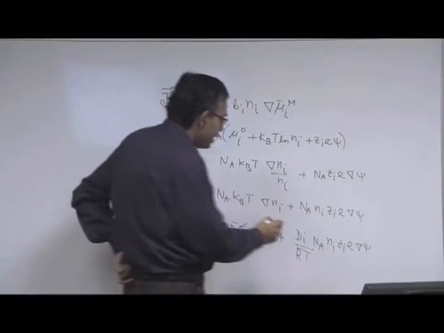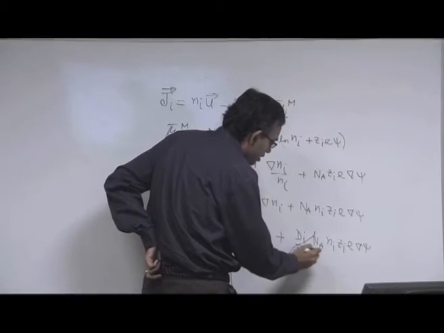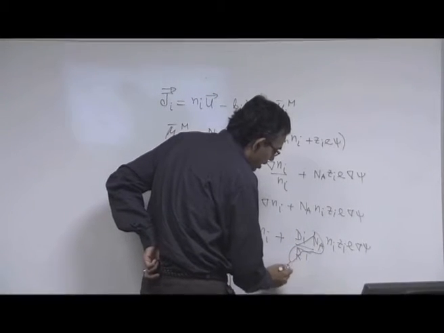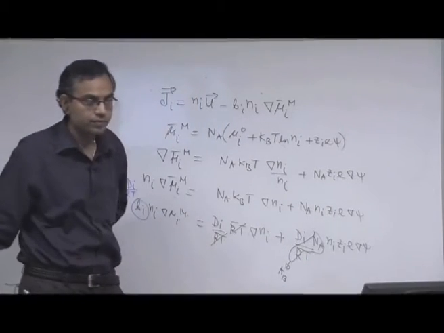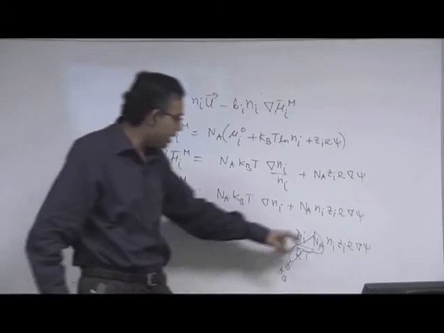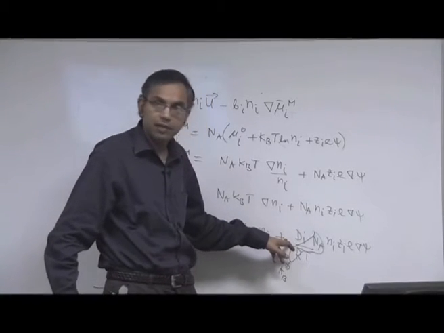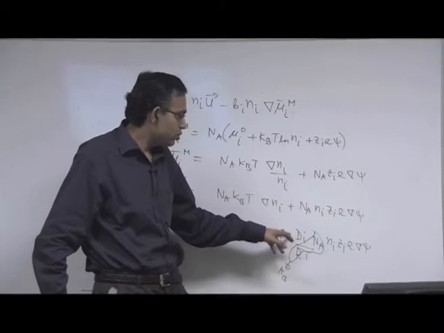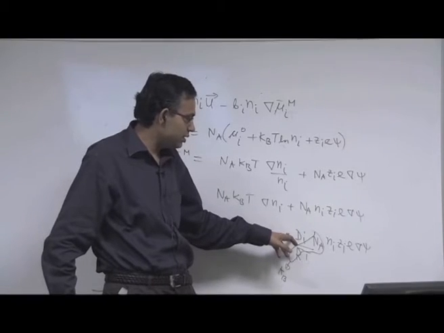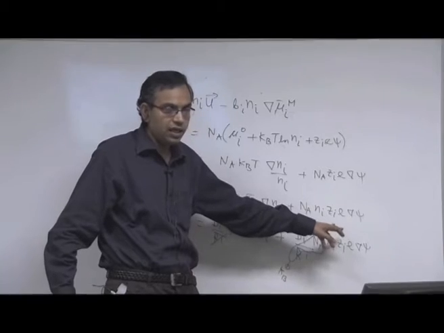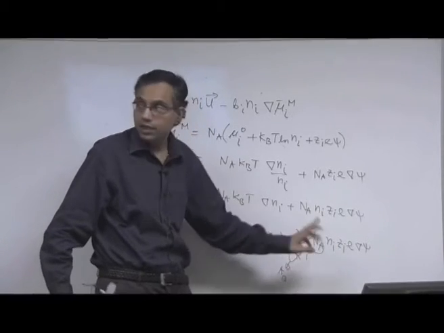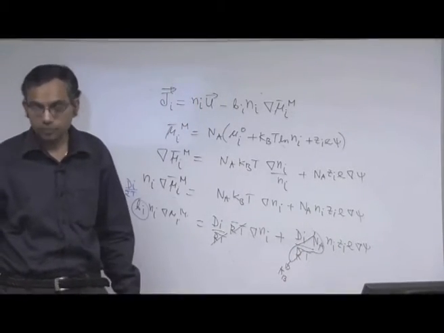So you can write R by Na as kB, so this becomes 1 by kB. So you have the electromigration given by Di Ni Zi E grad psi by kBT. Okay.